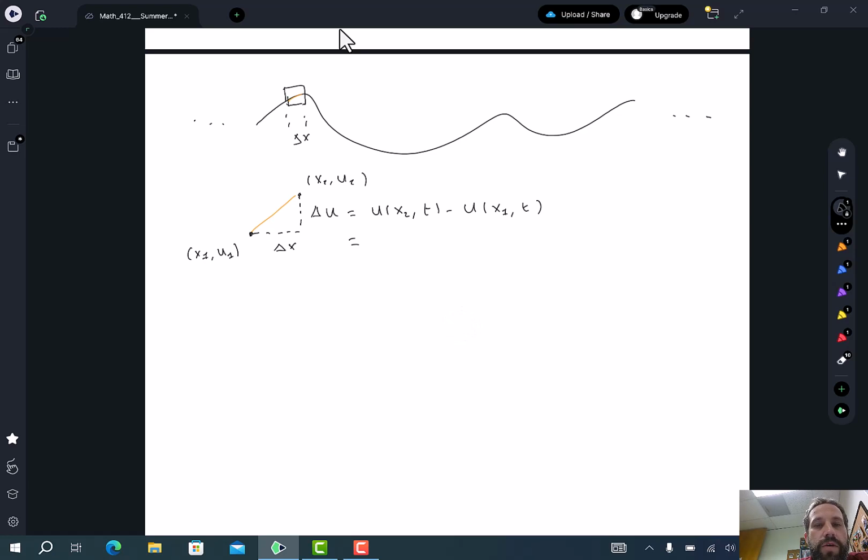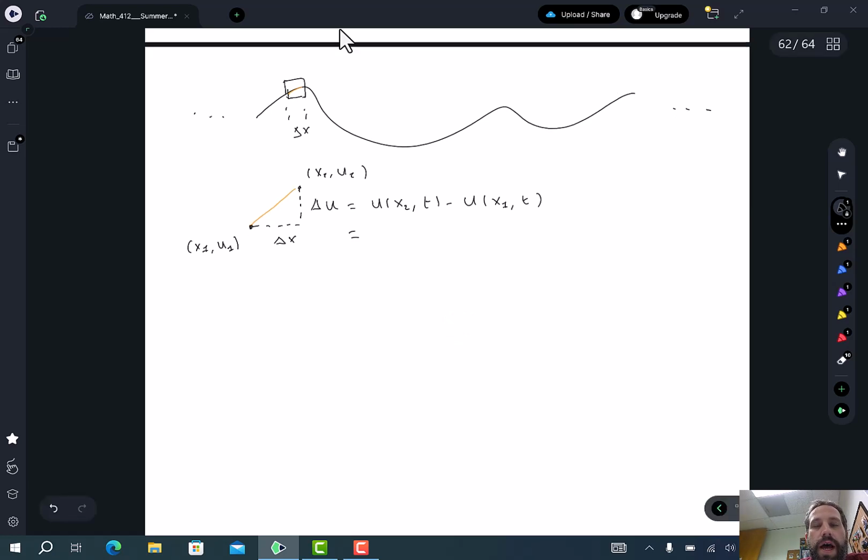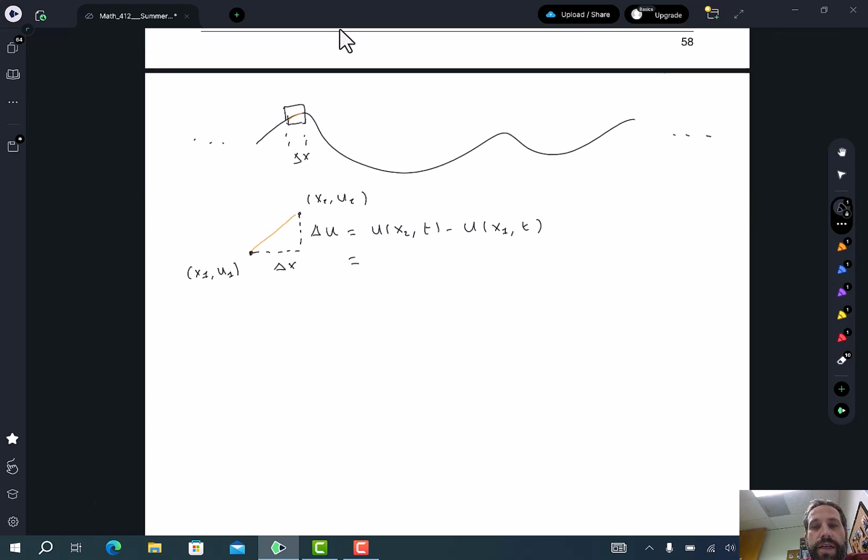By the mean value theorem, there is some number, I'll call it a, where x1 is less than a is less than x2, and delta u is the x derivative of u evaluated at a times the distance between x1 and x2, which is delta x.